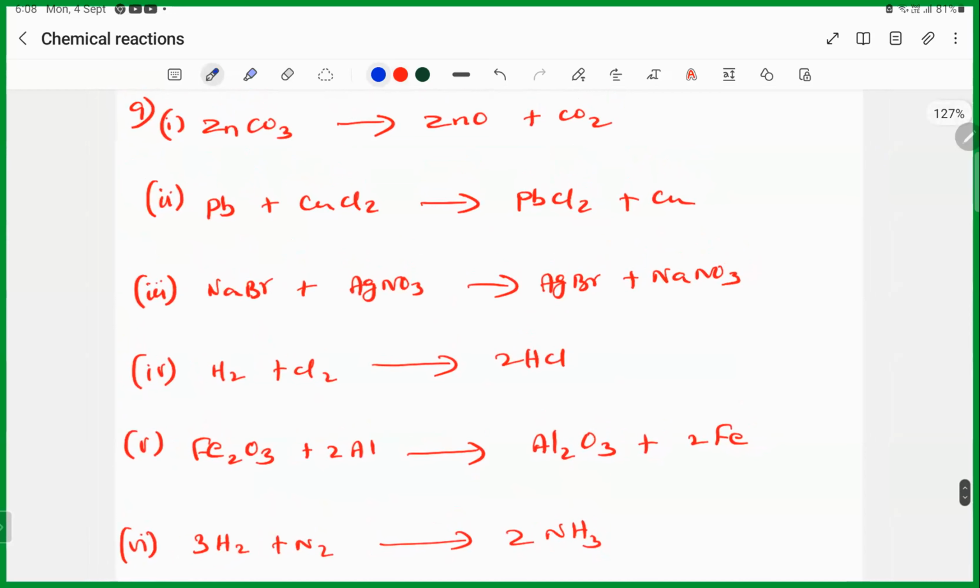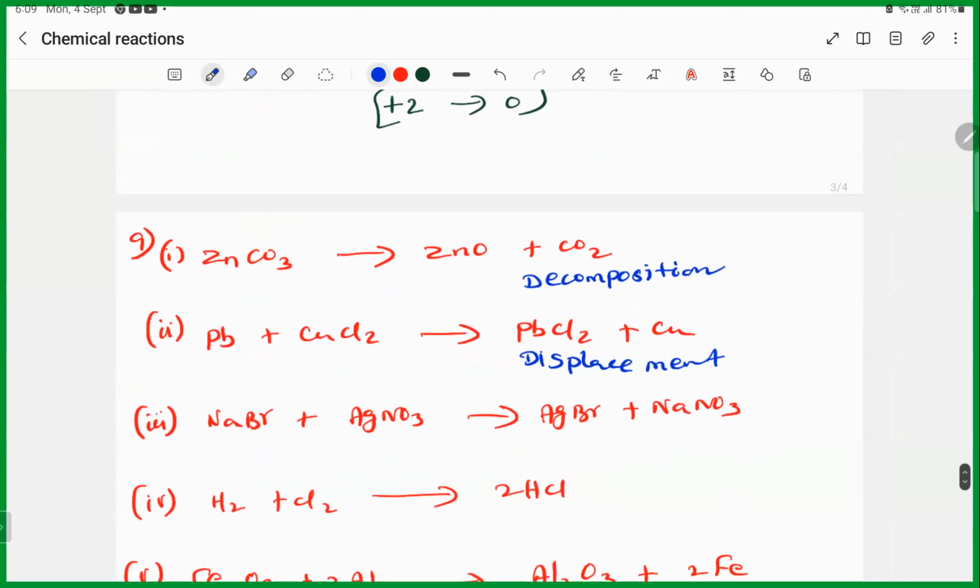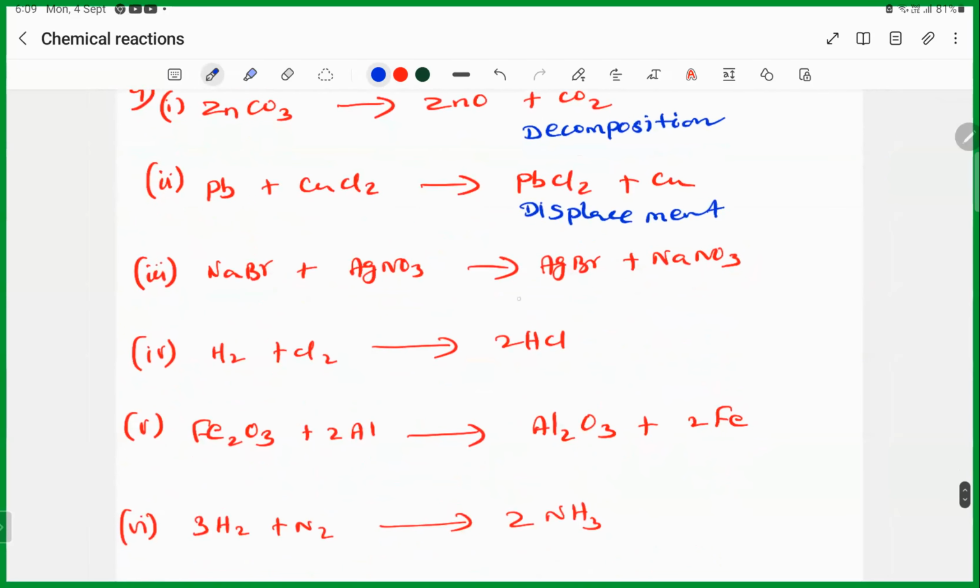First one, decomposition. The second one, displacement. Number 3, double displacement.